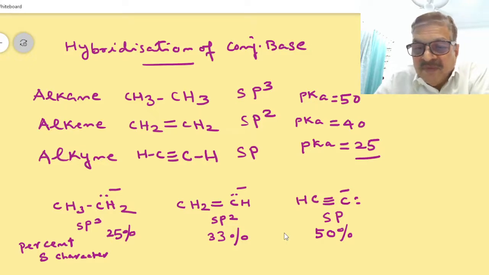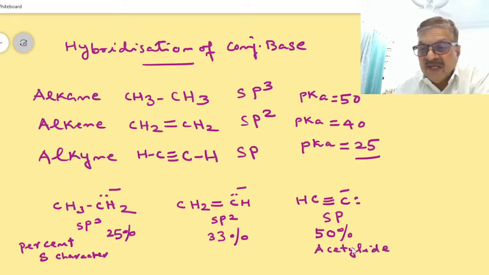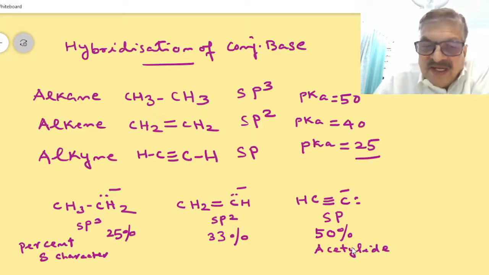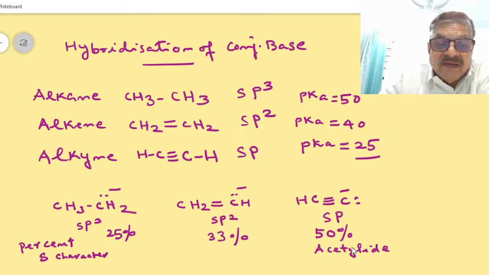Therefore, the sp hybridized conjugate base, that is the acetylide anion, is a weaker base here, because the sp orbital has more s character, 50% s character, than an sp2. sp2 is 33% s character, and sp is 50-50. sp is 50, sp2 is 33, and sp3 is 25% here.